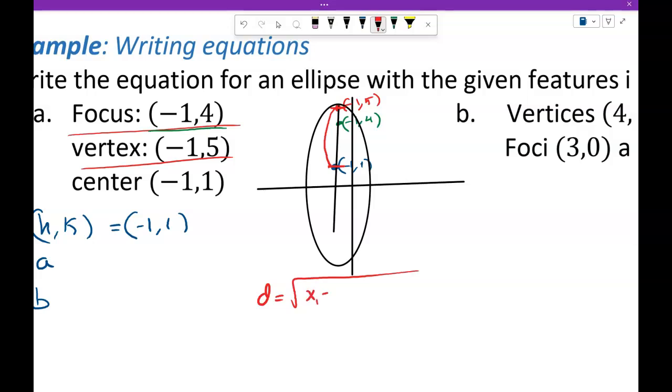Recall that the distance formula is the difference in the x's squared plus the difference in the y's squared, and then we'll add those and take their square root.